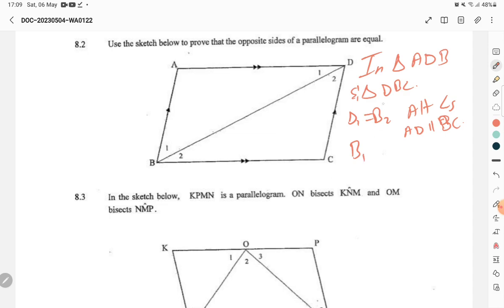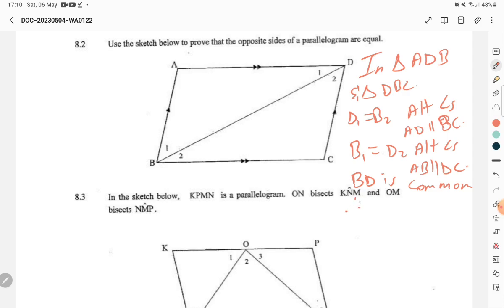Angle B1 is equal to D2, and the reason is alternate angles also, because AB, which is this line, is parallel to that one, DC. We can also tell that BD is common, or BD is a common side.